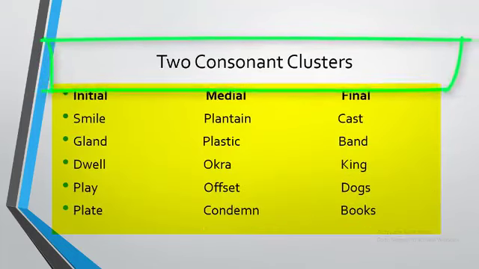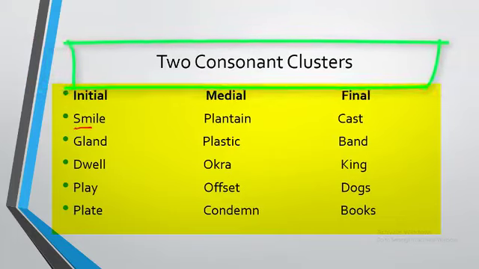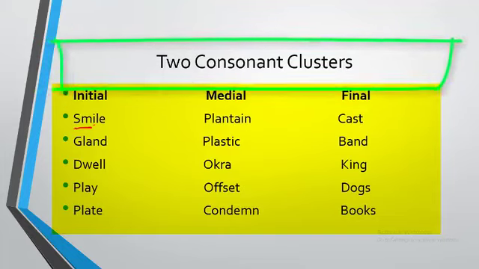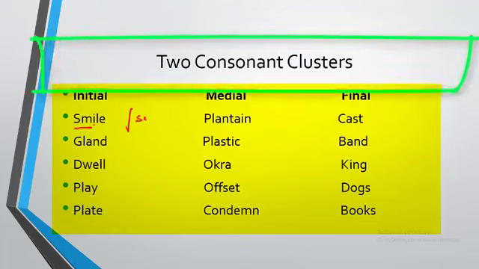We have smile, with S at the initial, so you can see there is a cluster. Before we have an intervening vowel, which is I in the context of speech work, we have a cluster in smile. If I'm to transcribe that, this is what you have: smile.